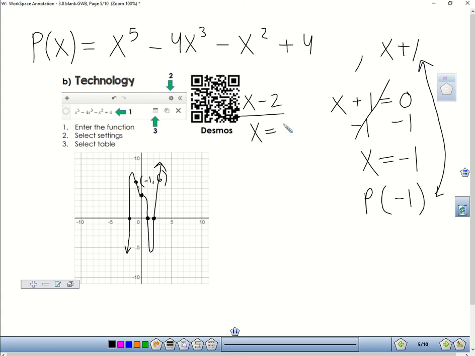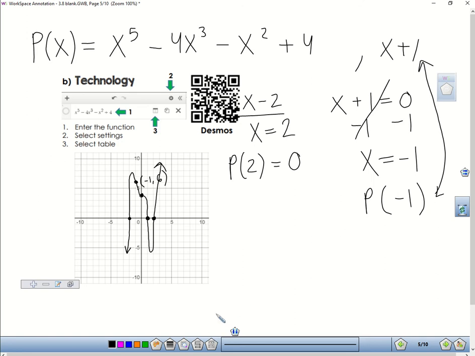X equals +2. It's always the opposite because you have to set this equal to 0. Okay? So when x equals +2, what's the y value? So we call this p of 2, is equal to what's the y value for that? Right here. 0. Thank you.